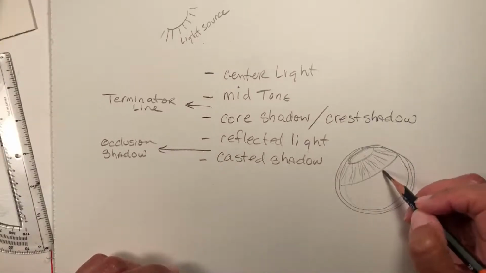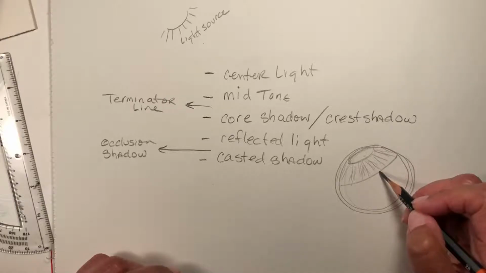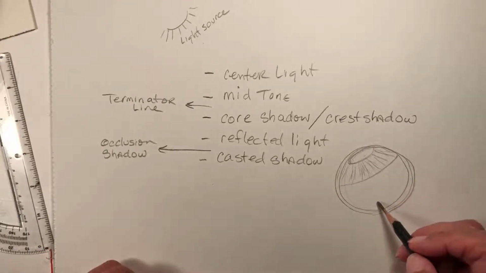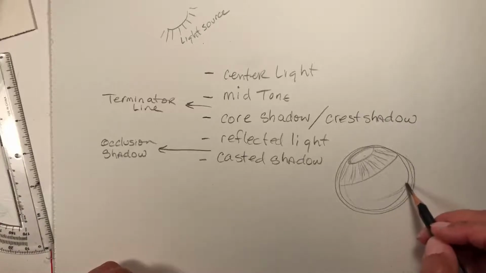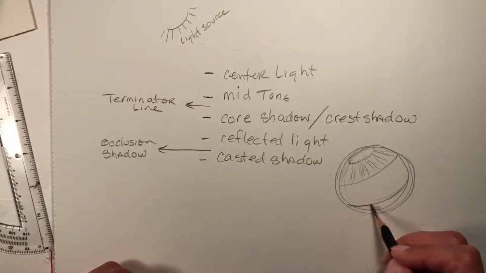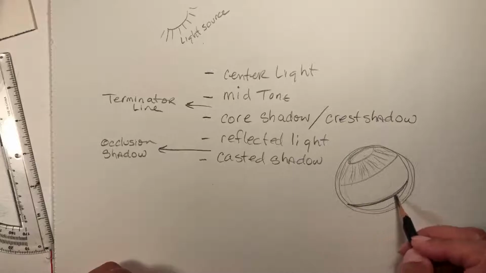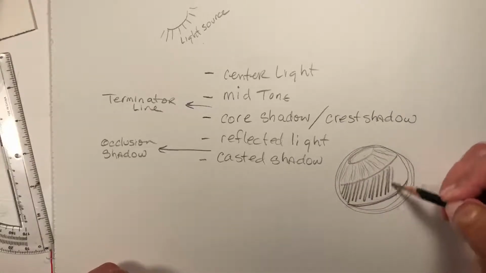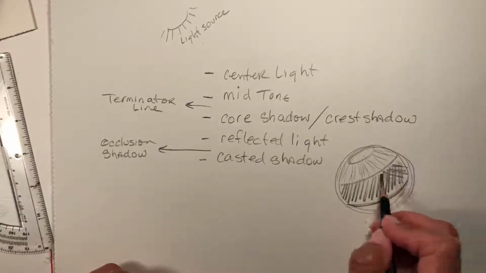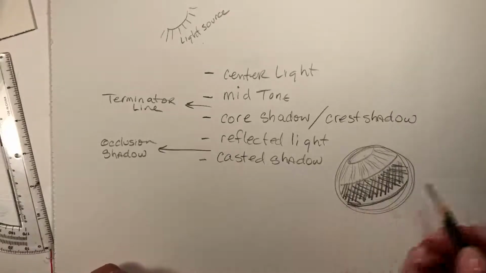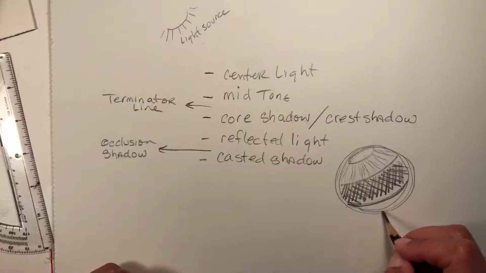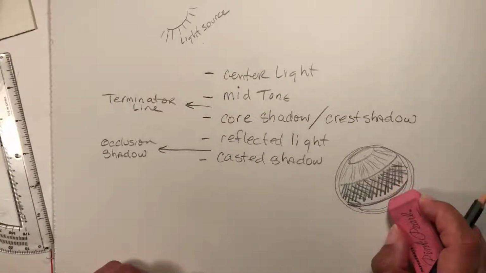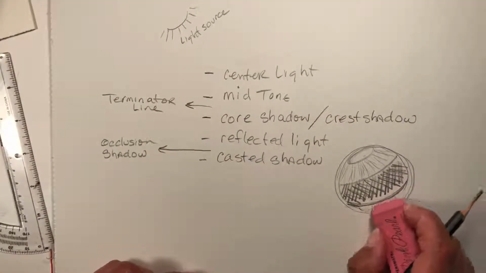And then based on this terminator line, once the ball or the shape goes away from the light, it becomes a lot darker. So back here, we have what's called a crest or a core shadow. And it's kind of like that. And this one is going to be much darker. Okay, that's your core.